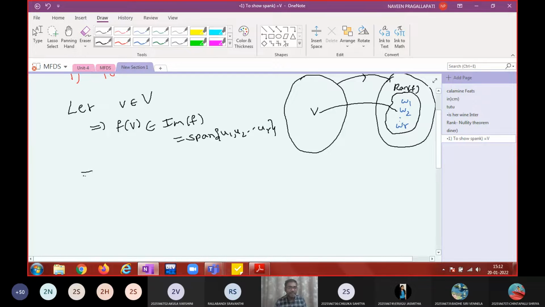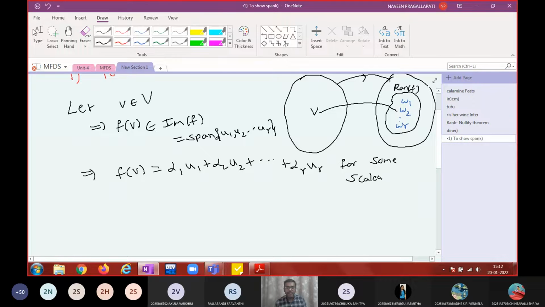That means f of v can be expressed as alpha 1 u1 plus alpha 2 u2 plus and so on plus alpha r ur, for some scalars alpha 1, alpha 2, and so on, alpha r.